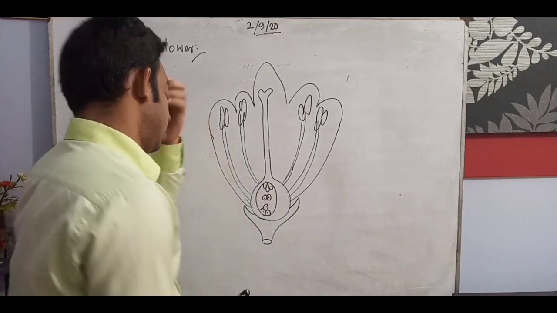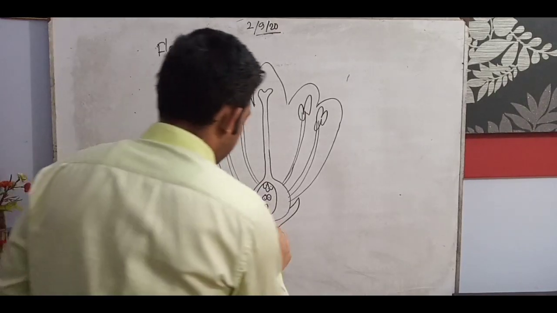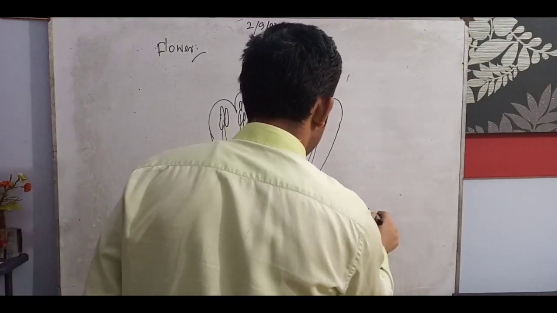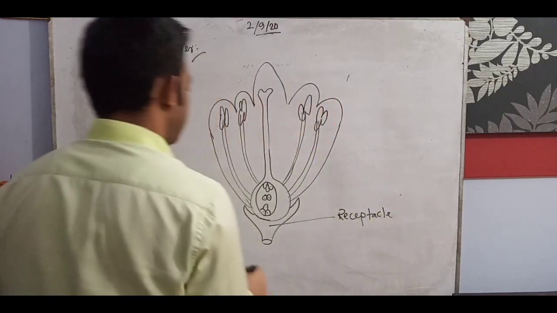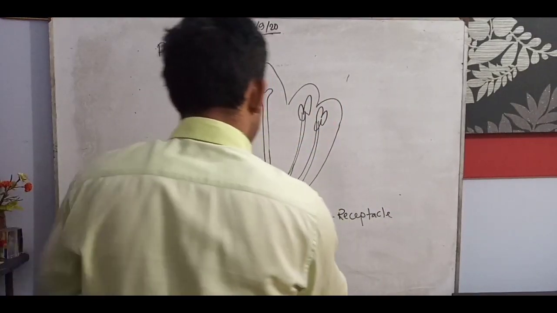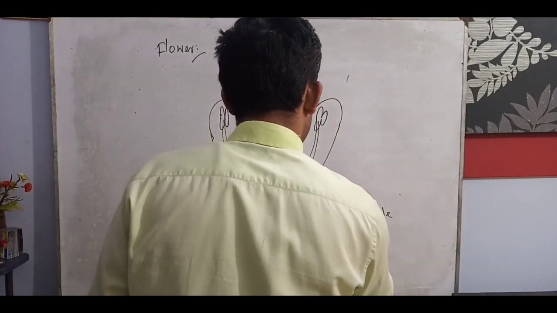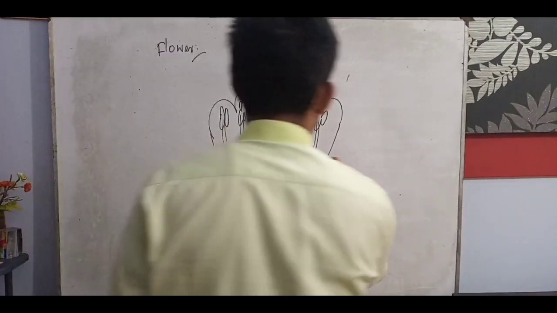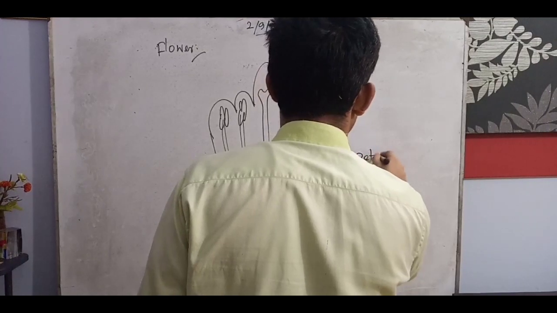So which part is actually mentioned there? The hard part is there, the receptacle, and this one is actually the calyx, and then this one is the petal, the attractive part.